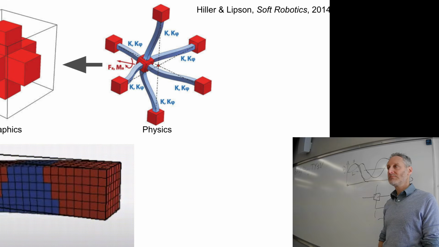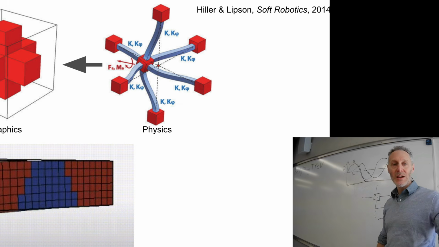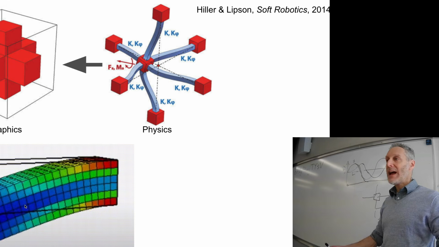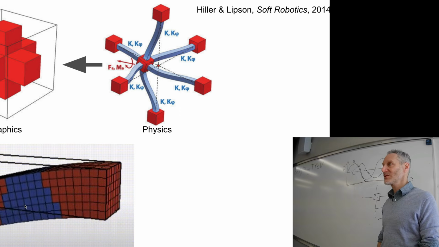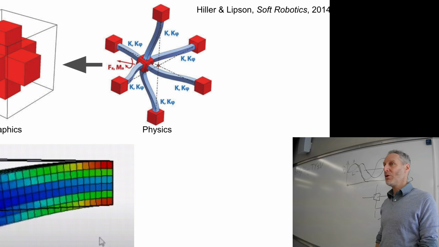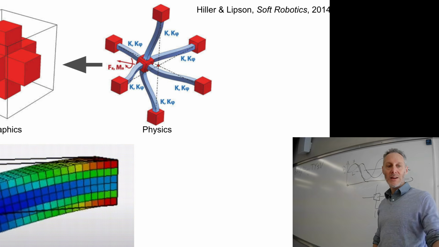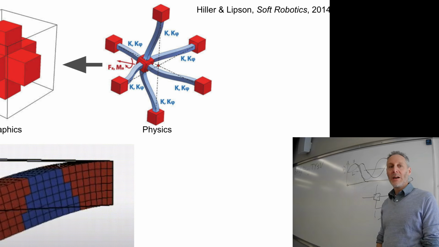Everybody see that? Okay, that's it. That's how VoxCAD works. You put a whole bunch of these together and you paint stiffnesses onto these beams. Hint, hint. I'm giving you a hint about how we're going to evolve robots in a moment. And you get materials that more or less look right.